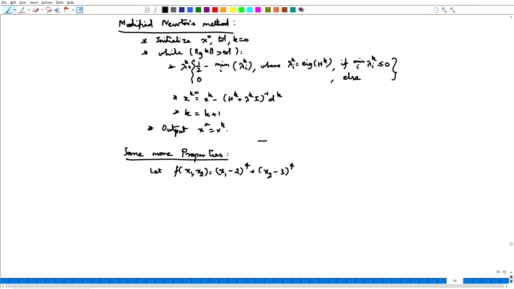Let me try to solve this using Newton's method, where x 0 is 3 comma 4. Let us check if we get something out of this particular example.